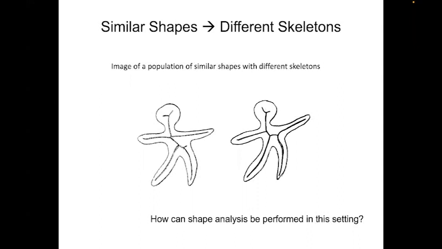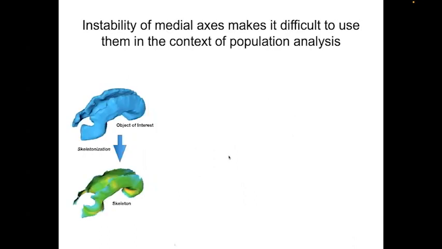And so the opposite approach that was introduced in the M-rep papers by Steve in the late 90s is to invert this and start with a parametrized or synthetic medial model that you can deform and that you can fit to your object of interest.